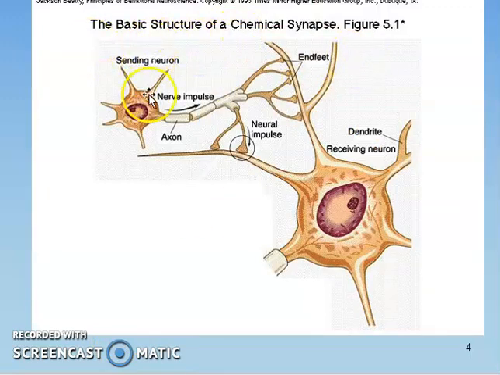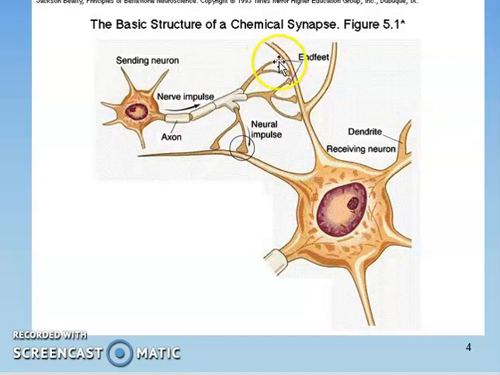So here is one example. This is one neuron, which is, we can say, the sending neuron, which is sending a signal to this neuron. This is in this case the receiving neuron, which is receiving a signal. Here you can see this one is producing an action potential in itself, then sending this potential through its axon to various dendrites of this receiving neuron.